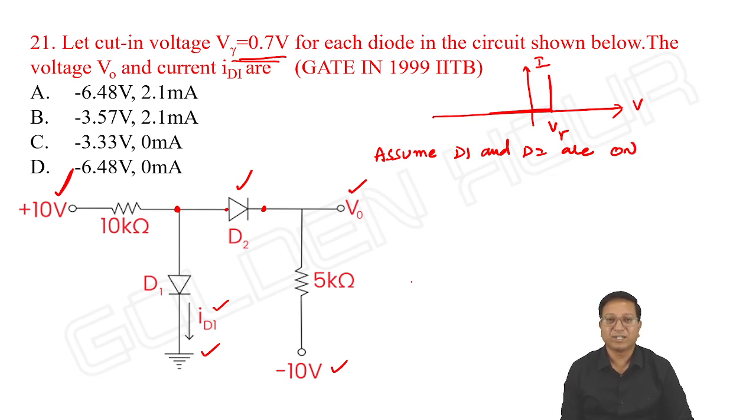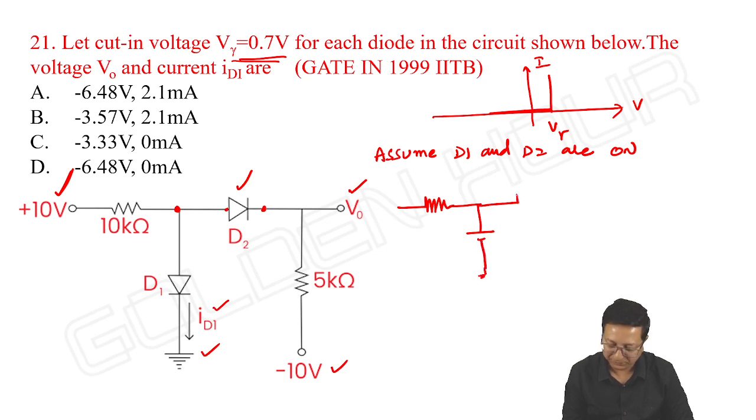So what is the equivalent circuit we can see? Instead of the diode, I am writing a voltage source. Here the voltage source value is 0.7 volts.